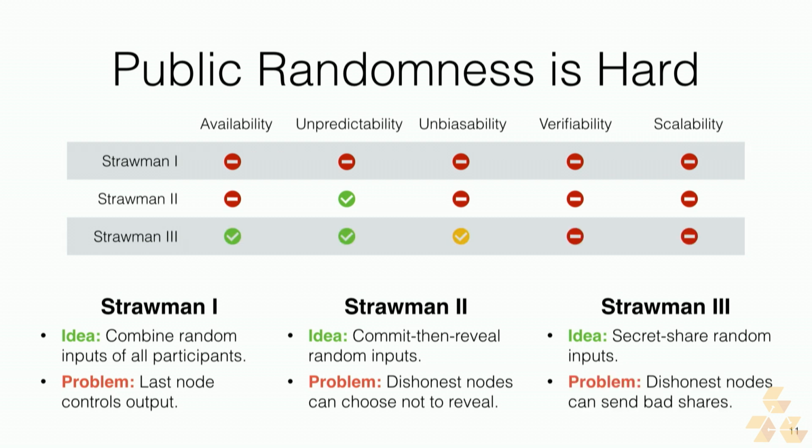However, a dishonest node can just send bad shares to the other nodes in the protocol, and thereby force them to not recover the correct random values. So that's also not good. It achieves availability and unpredictability, but not unbiasability, because different nodes in the protocol might recover different random values.